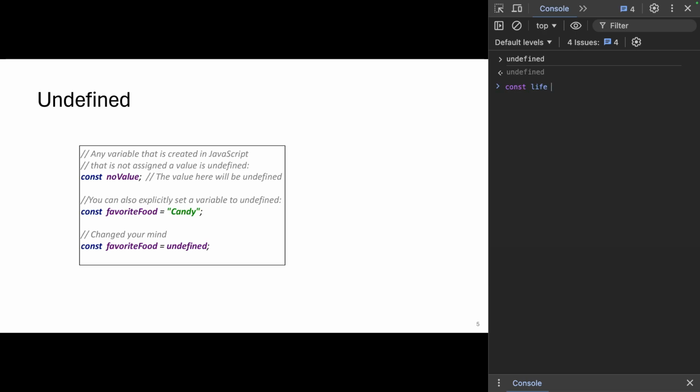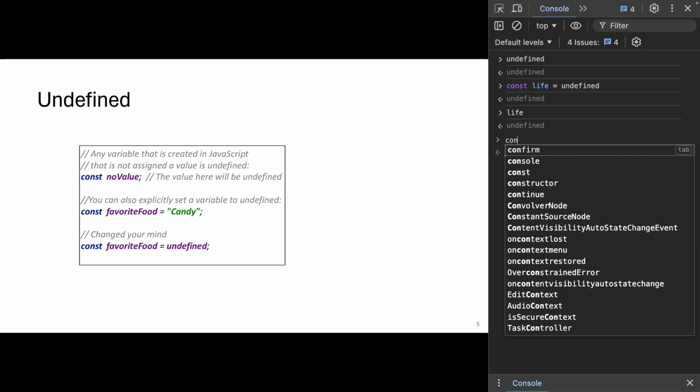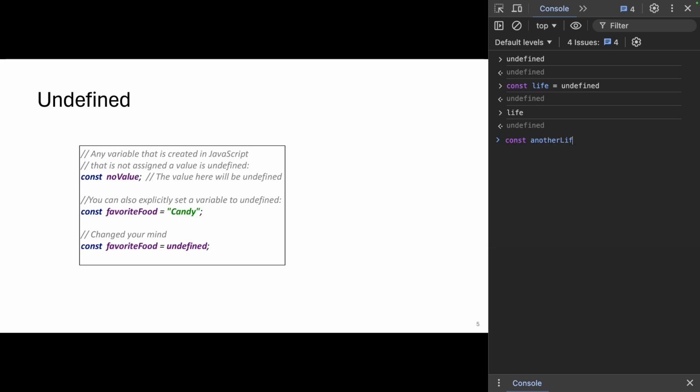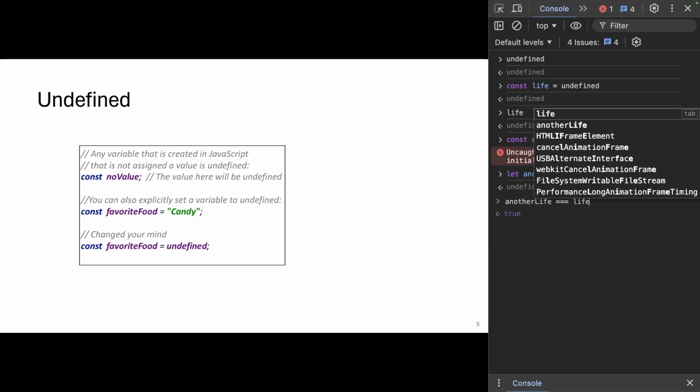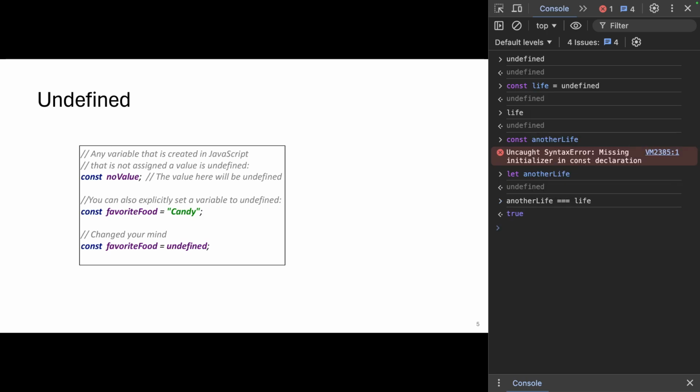And yeah, because it's a constant, I need to initialize it. So we can do let, and you can see another life is equal to life. And if we do typeof life, it's undefined. So we have a number of variables there that just have the value of undefined.